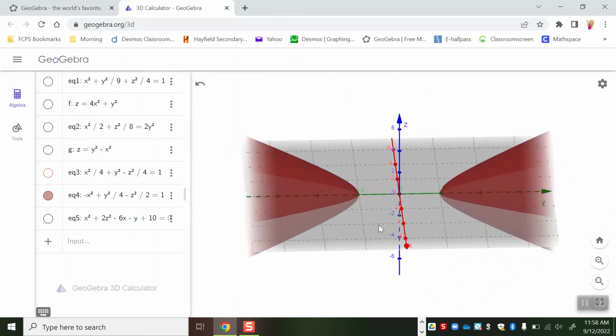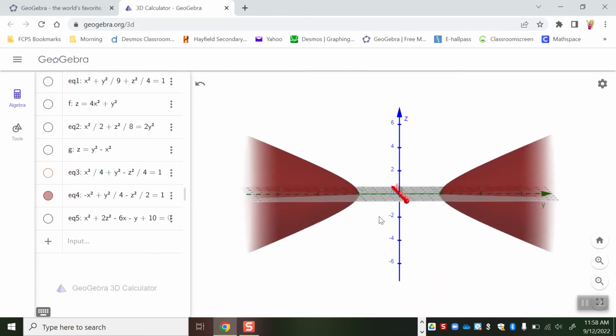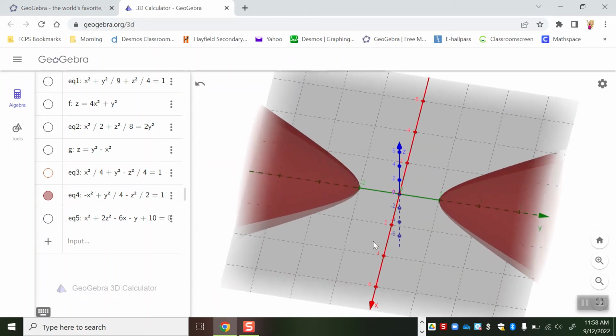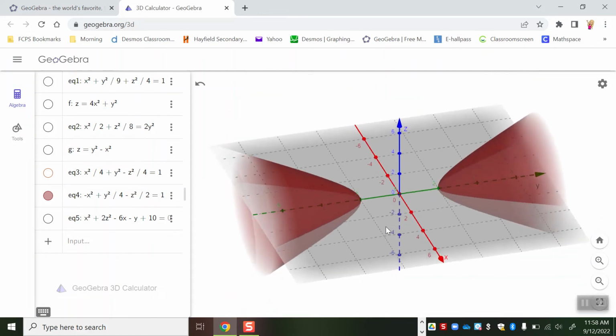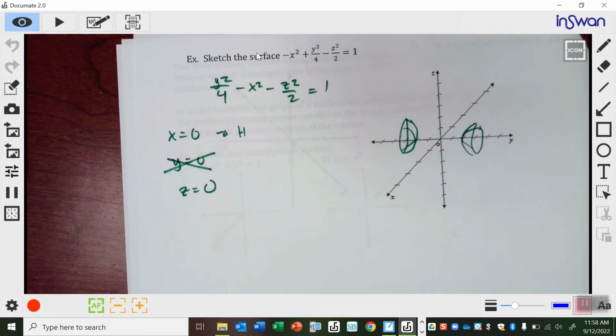There's your two little bowls in a way. I guess they're a little more pointy than we drew them. But you see there's your hyperbola that way, there's your hyperbola this way, and y is never 0. Okay? So do notice also it's going along the y-axis. That was the oddball part of the equation, the odd man out. He was the one that was positive while everybody else was negative.